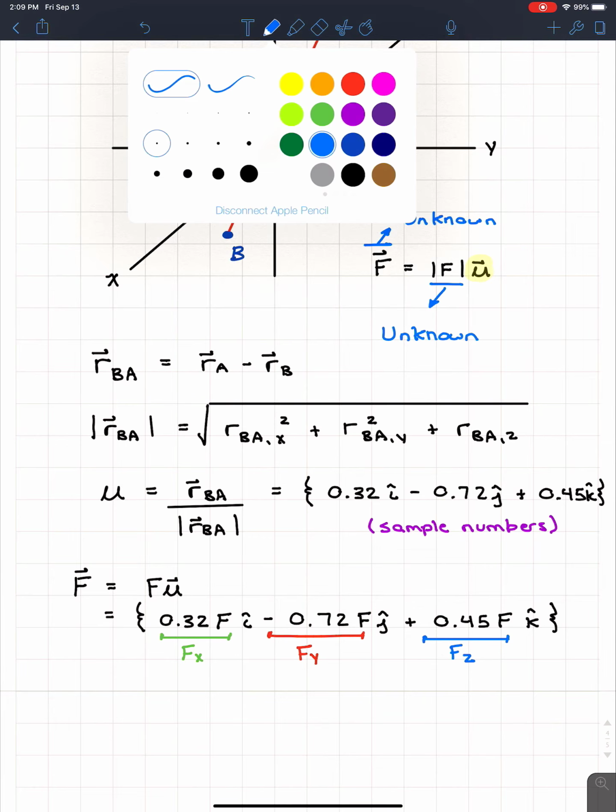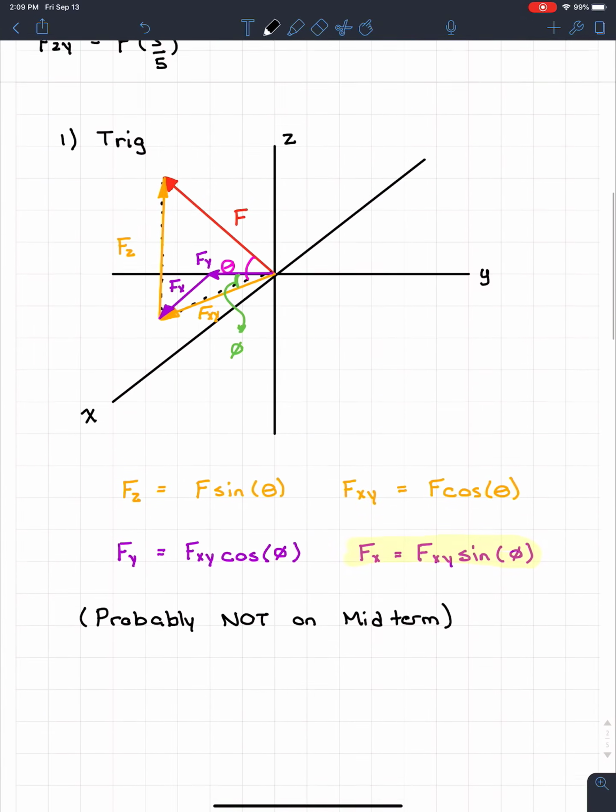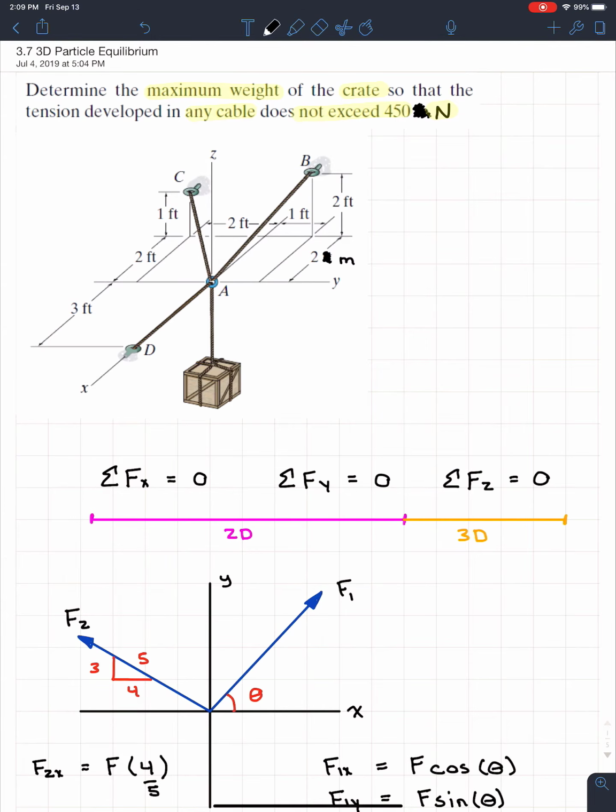I know that was probably an extremely long introduction to this, but again, I hyped this up in the last videos because this right here is almost always on your midterm, guys. I'm being honest with you. This is almost always your midterm, three-dimensional particle equilibrium.